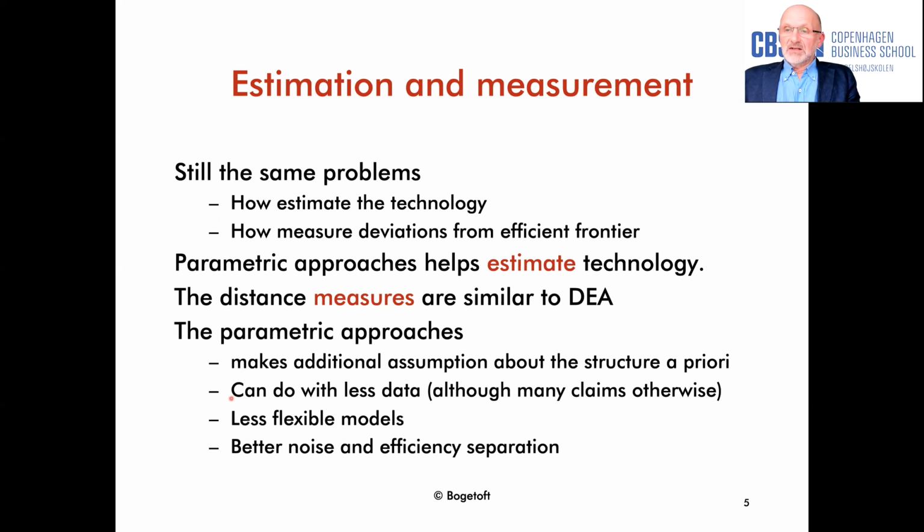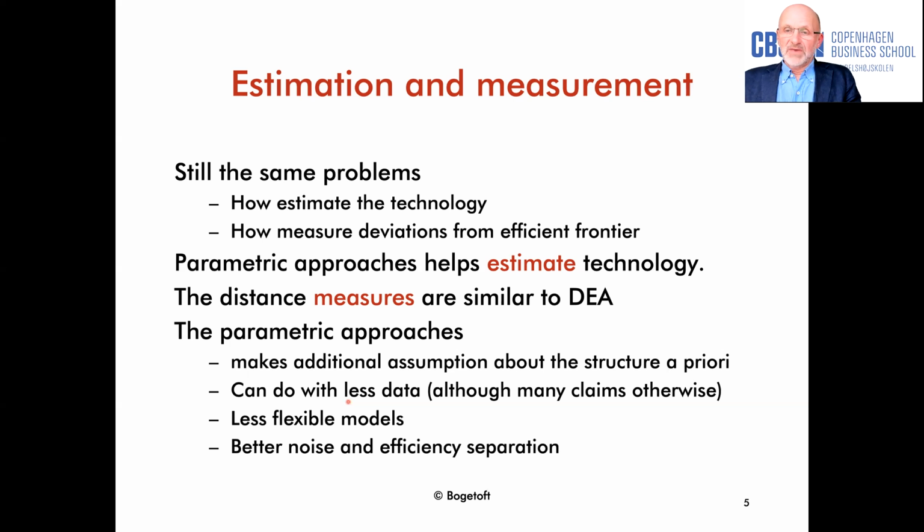That has the implication that we can do with less data in theory than we can do in DEA. Although many seem to think that you can do a DEA with less data than the SFA, part of the problem is that we don't really get a warning when we do a DEA model whether we have included the right variables or not.